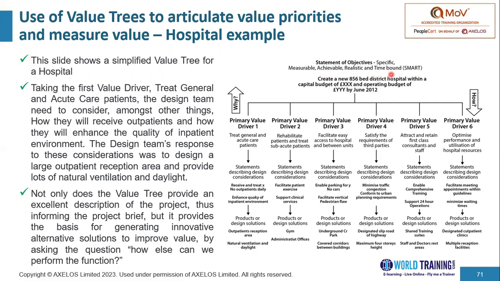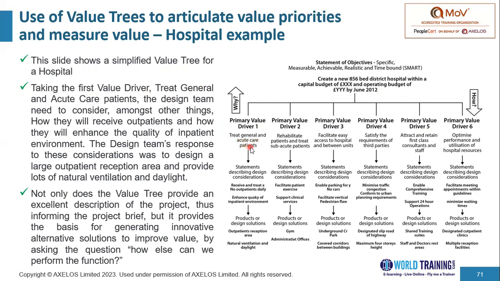So we take the objective and break it down into multiple value drivers. The question that we're asking over here is, how are we going to achieve this particular project objective? We're going to achieve this project objective by catering to these 6 value drivers. Let's take the first value driver, which is treat general and acute care patients.